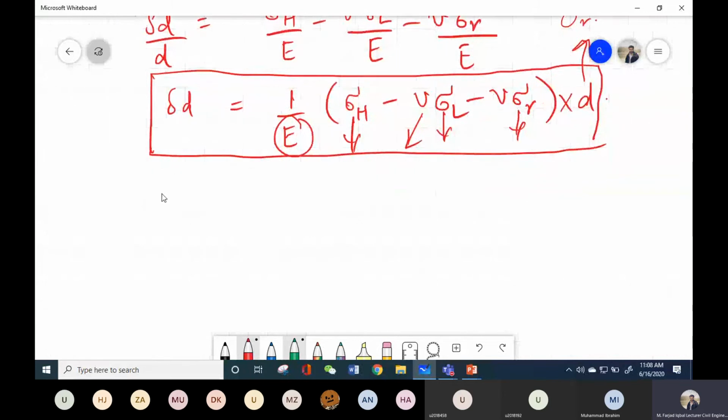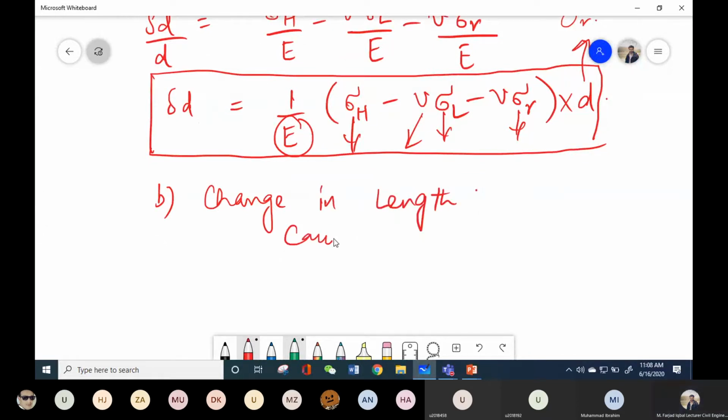Similarly, for the change in length, if you remember, the stress in the longitudinal direction will cause the change in length of the cylindrical element, because they are acting along the cross section.